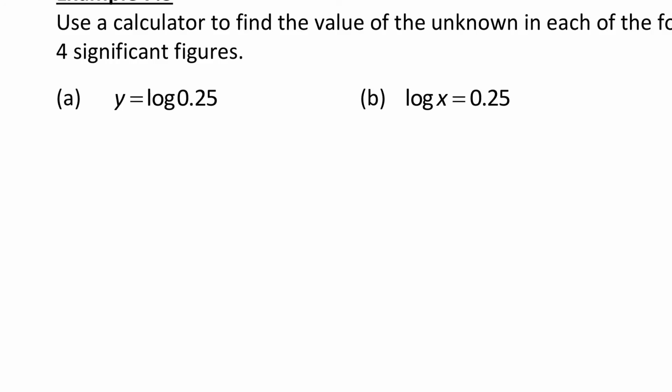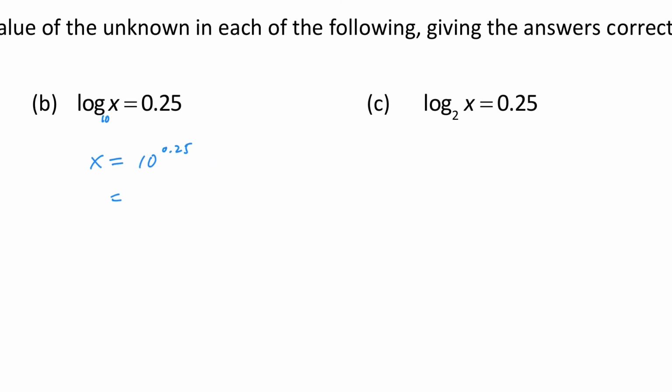If you know the meaning, because this is common log with base 10, what is the relationship between these three terms? x is equal to 10 to the power 0.25. Then you can use your calculator to copy down the answer. I do not have a calculator on my hand, so I cannot find the exact value.